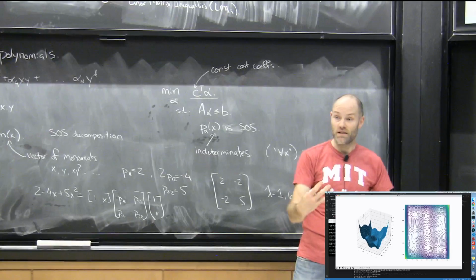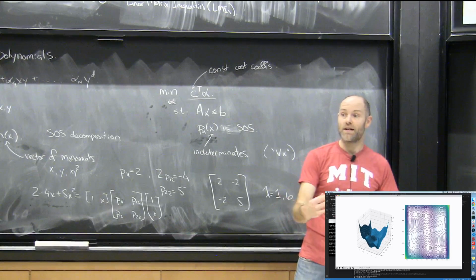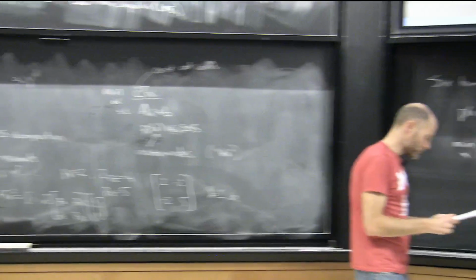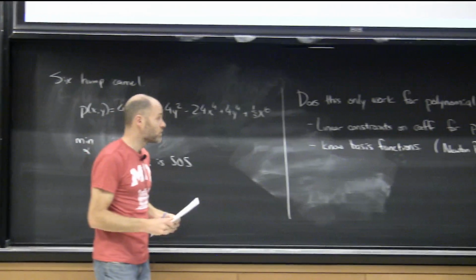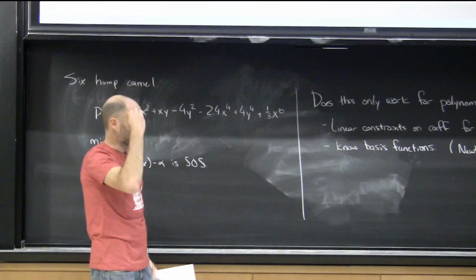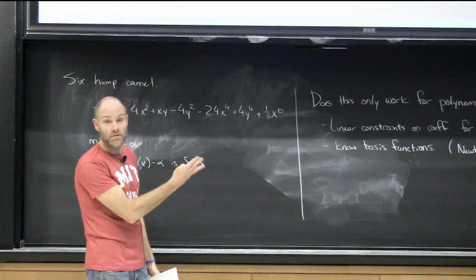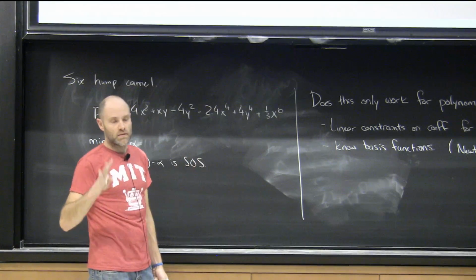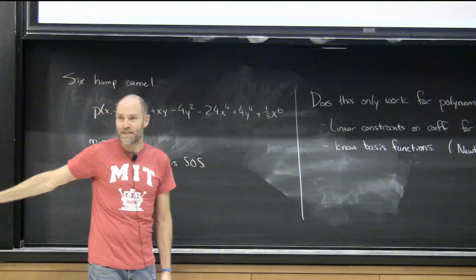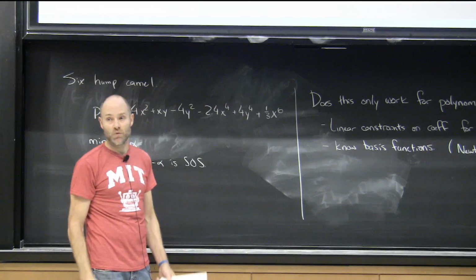And there's structure in polynomial equations that people, since they study polynomials a lot, have figured out. In fact, I had a student that I co-supervised, Frank Permenter, that did a lot of good work in this area of trying to pre-process those basis functions in order to make these things work better.